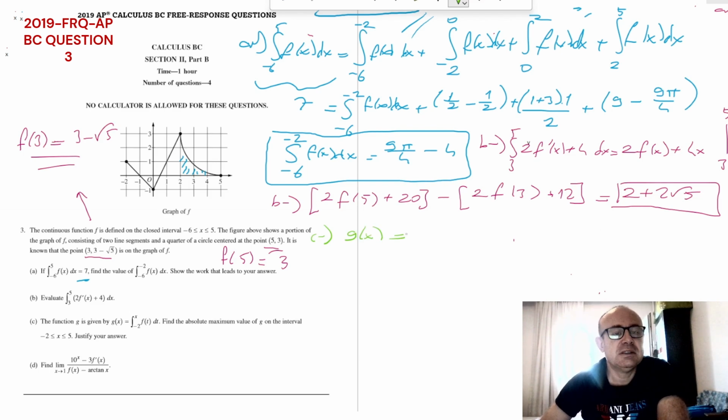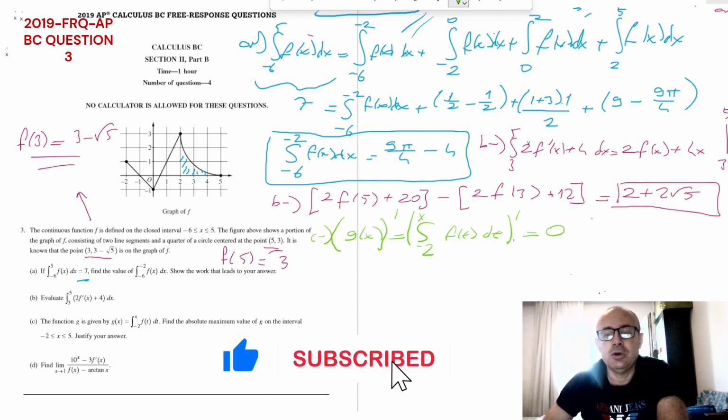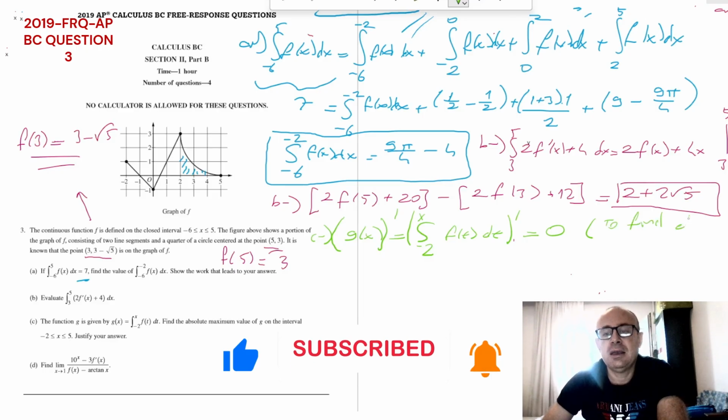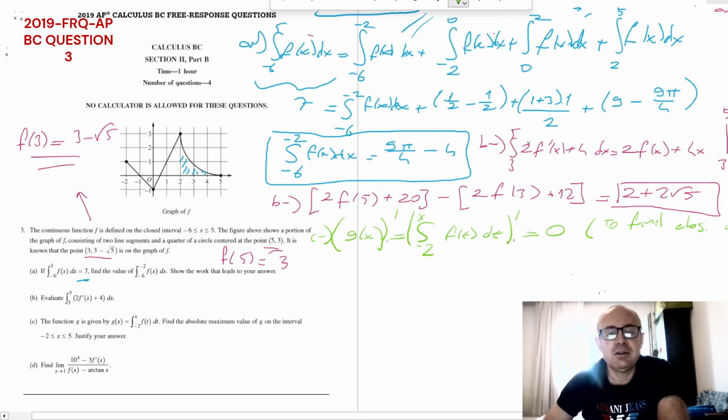Let's first write g of x equals the integral from negative 2 to x of f of t dt. And to find the absolute max point, of course, I'm taking the derivative of this function and then equalizing this derivative to 0. After that, of course, the derivative and the integral will cancel each other.